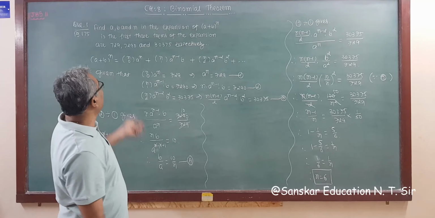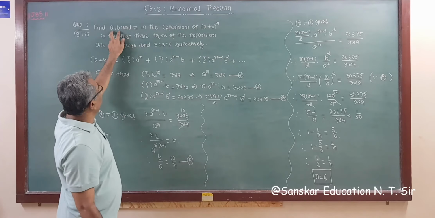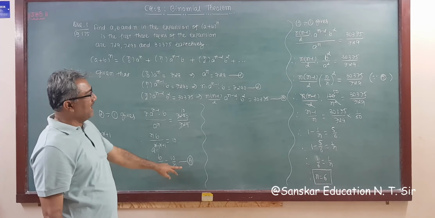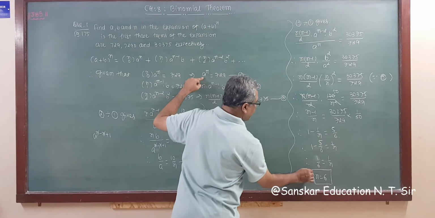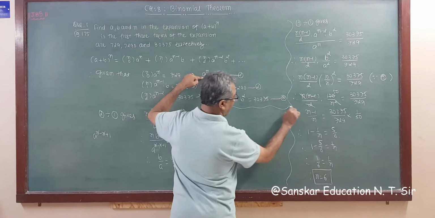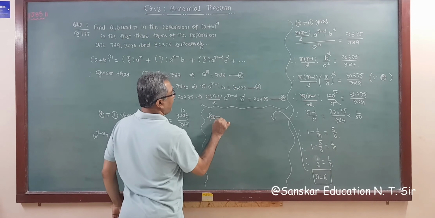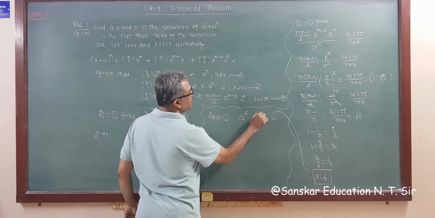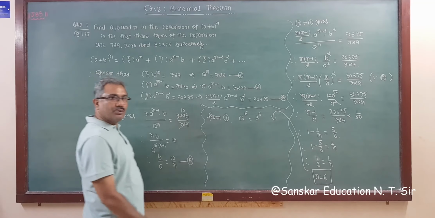Now the remaining are a and b. From equation 1 we get a first: a raised to 6 is equal to 3 raised to 6.